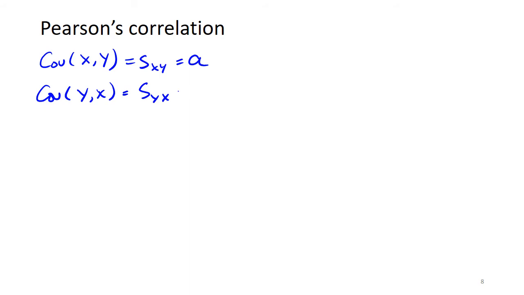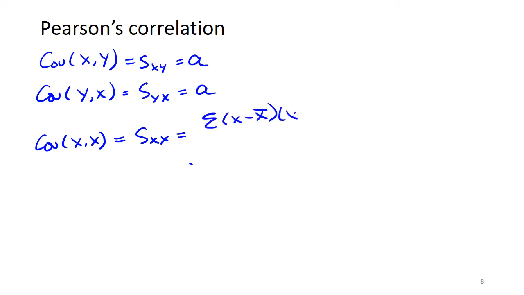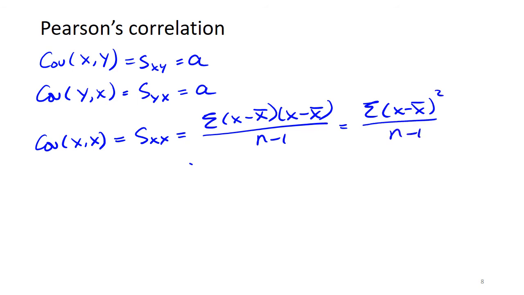The covariance between y and x is also A. What is the covariance between x and x? The covariance between x and x is the variance of x.